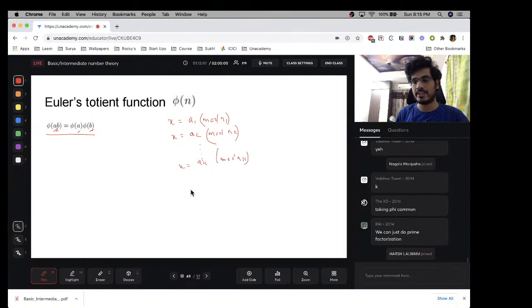We know that only one such x exists. How do we know? Let's try to prove this by contradiction.